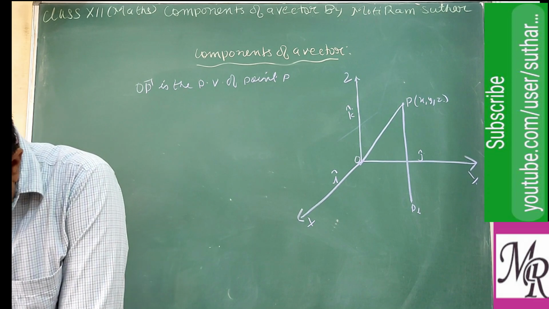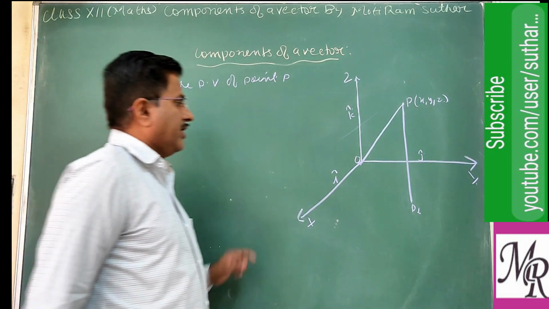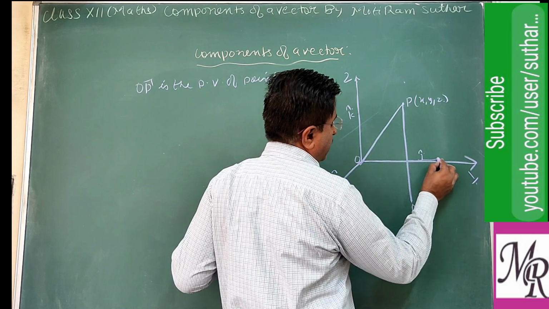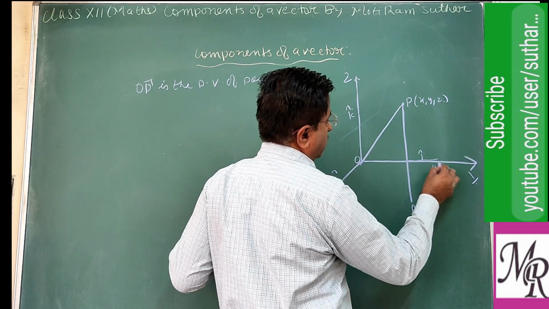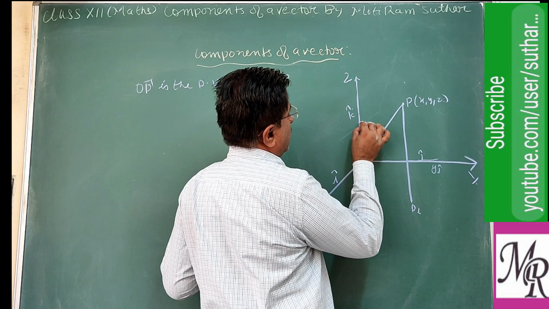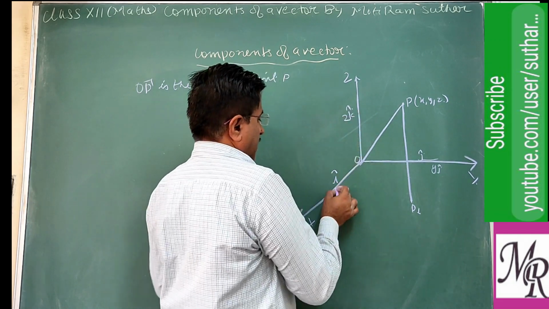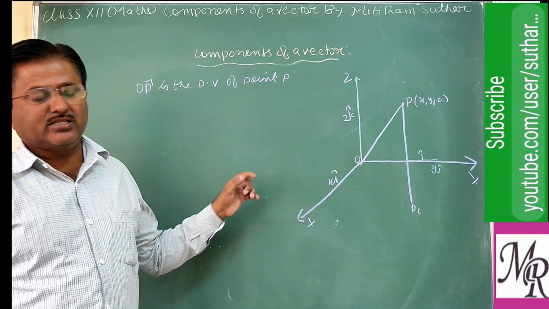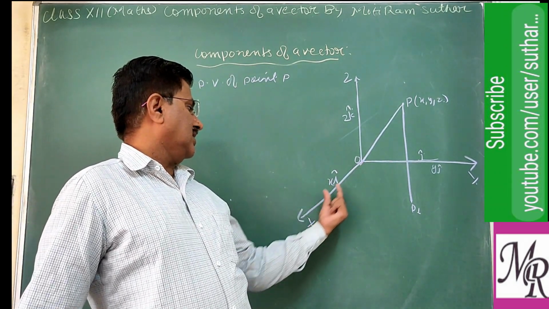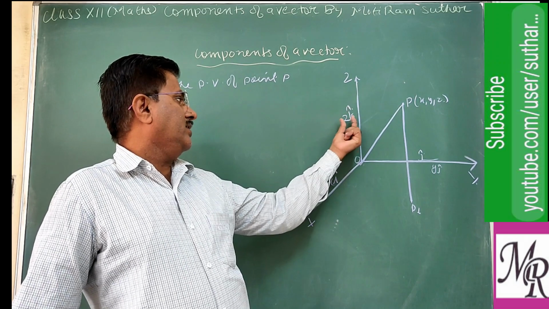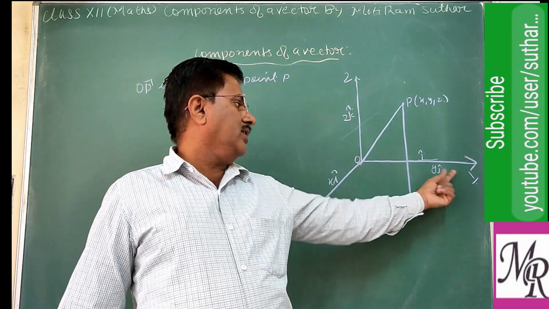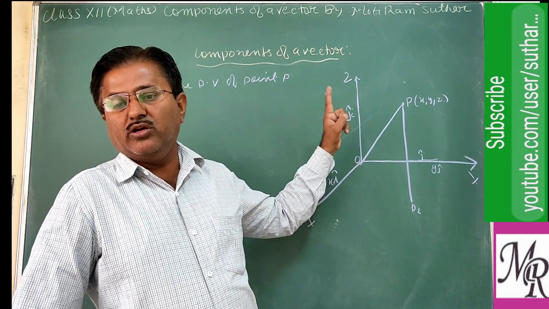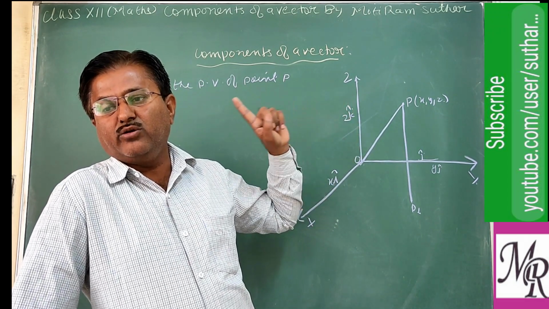Now whatever the length you take, suppose you are taking some distance, say 5 units, then this can be written as y into j, and z into k. Suppose it is x units, then it is x i. These are the vectors OQ, OR, and so on, because i, j, k are simply unit vectors having magnitude 1.